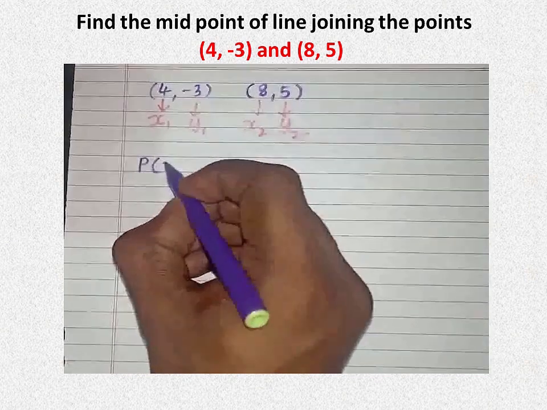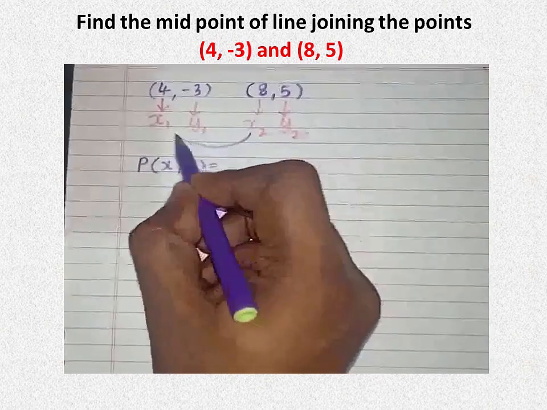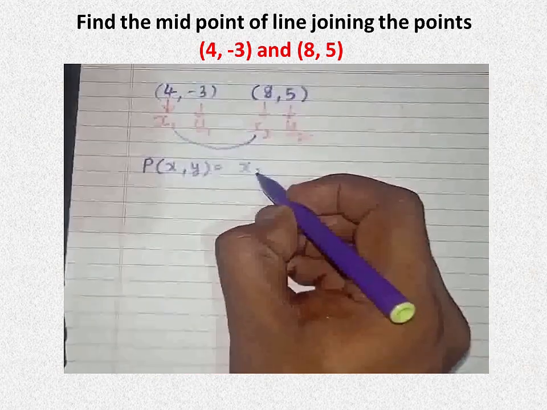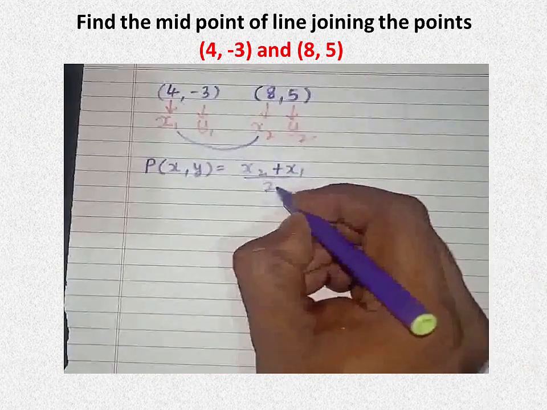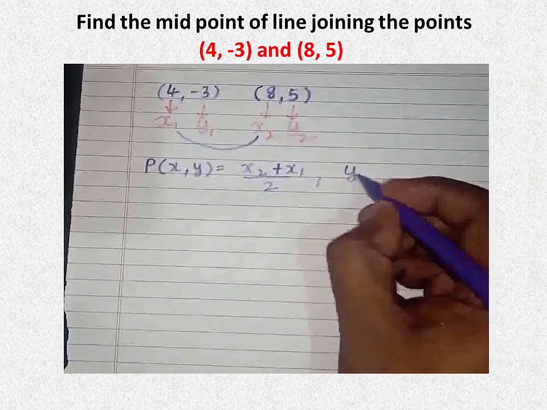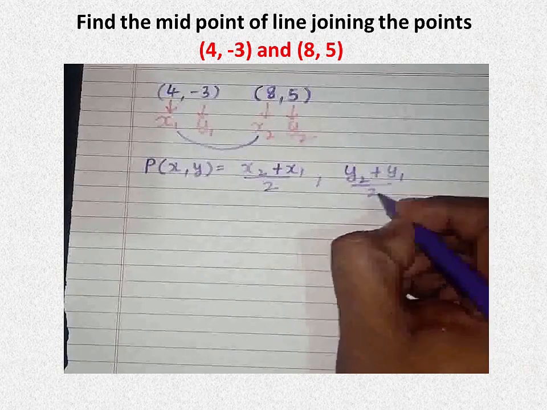Now I'll write down the midpoint formula, that is P of x, y equals, just add the coordinates of x and divide it by 2. The same way, add the coordinates of y and divide it by 2.